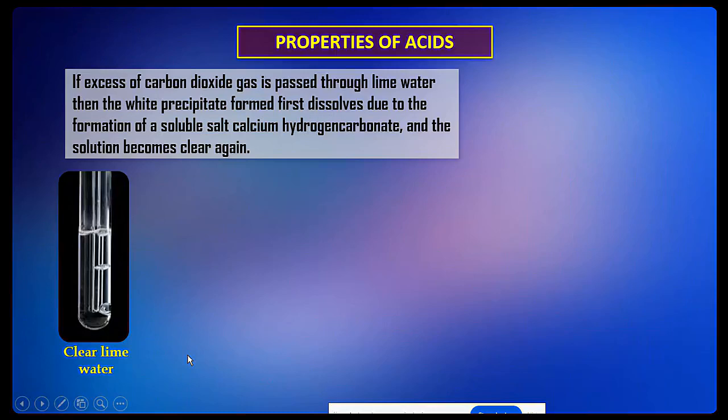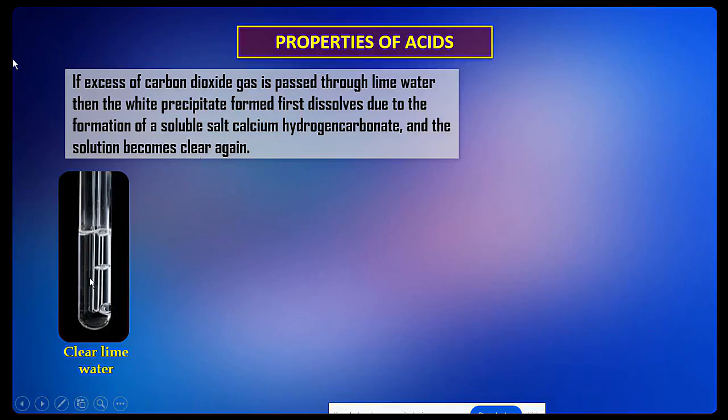You see, if an excess of carbon dioxide gas is passed through lime water, then the white precipitate formed first dissolves due to the formation of a soluble salt, calcium hydrogen carbonate, and then the solution becomes clear again. So basically, if you take lime water here, the carbon dioxide gas which is coming out of the previous reaction is passed over the surface of this lime water.